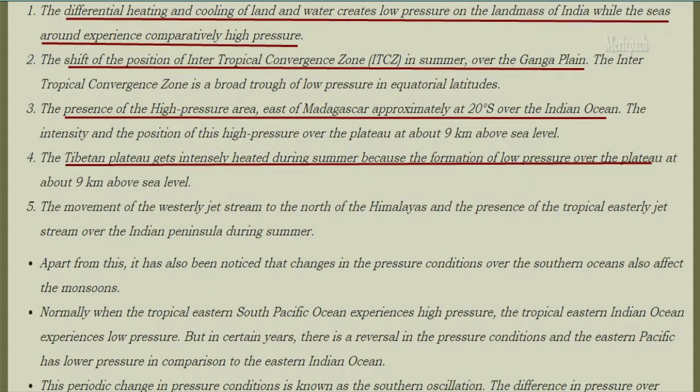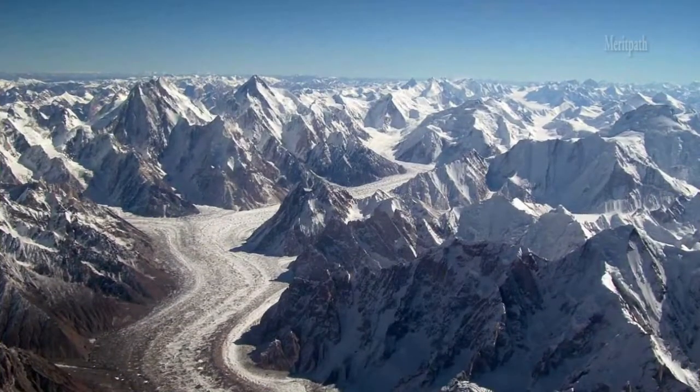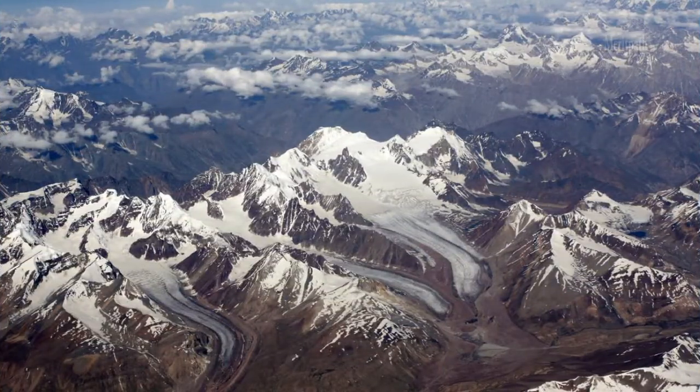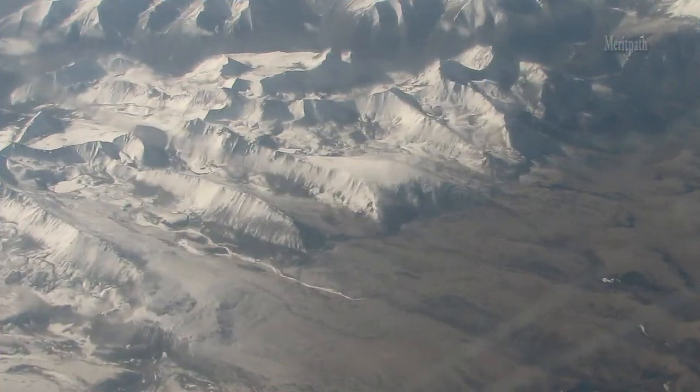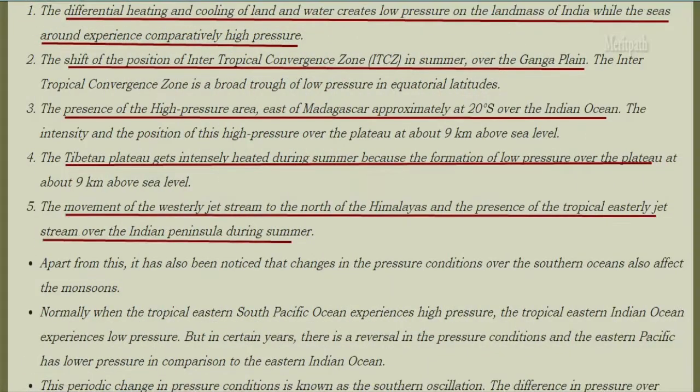The Tibetan Plateau gets intensively heated during the summer, because of the formation of low pressure over the plateau about 9 kilometers above the sea level. Movement of the westerly jet stream to the north of the Himalayas and presence of the tropical easterly jet stream over the Indian peninsula during the summer.